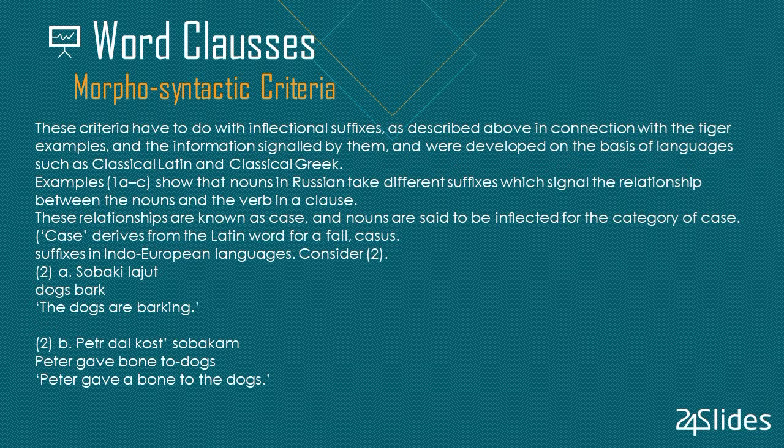Examples 1a to 1c show that nouns in Russian take different suffixes which signal the relationship between the nouns and the verb in a clause.